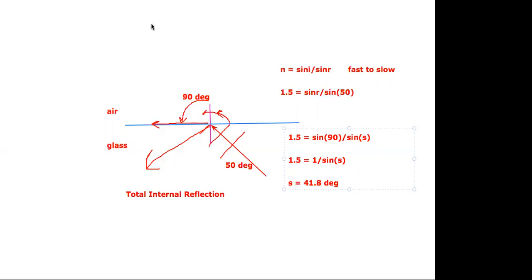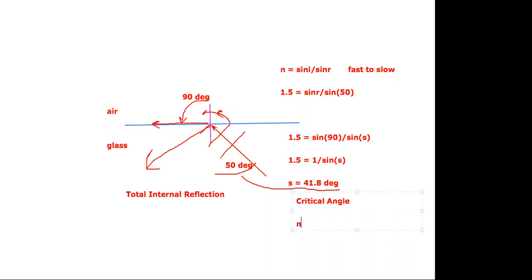That means if this angle is bigger than 41.8, you're not getting out. You're going to reflect. For glass, this angle is a special angle. It's called the critical angle.